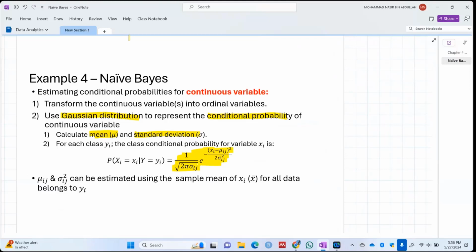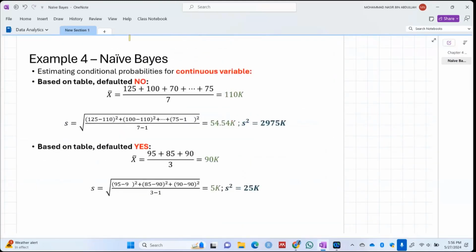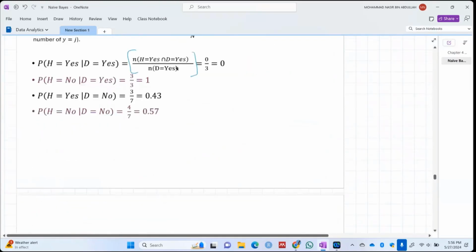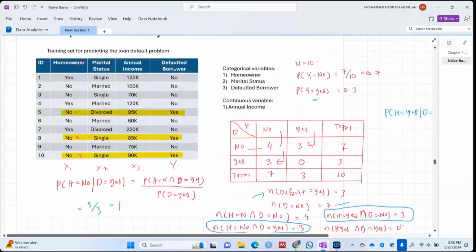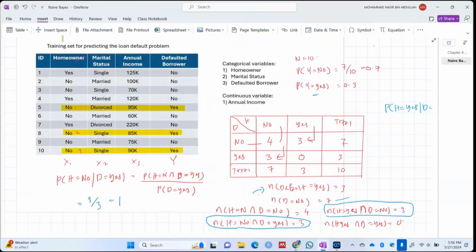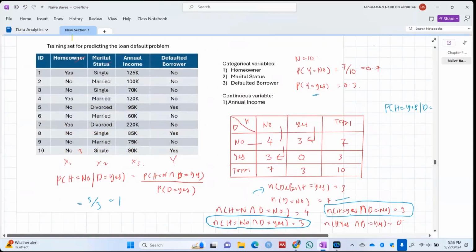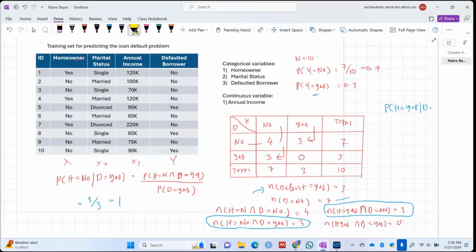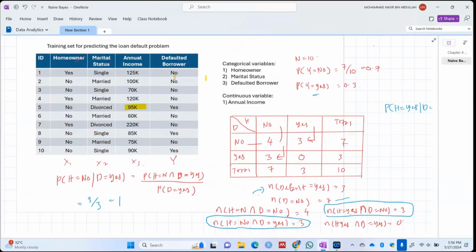Let's look at this example. Let's say I want to calculate for a continuous variable. If the default borrower is yes, we calculate the mean and standard deviation for default equal to yes.